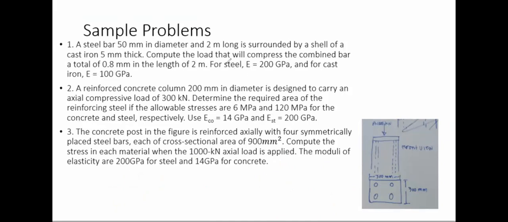For steel, the modulus of elasticity is equal to 200 GPa, and for cast iron, it is equal to 100 GPa. That's our problem. What we are looking for is the load that will compress the bar. We'll draw it so you can understand.